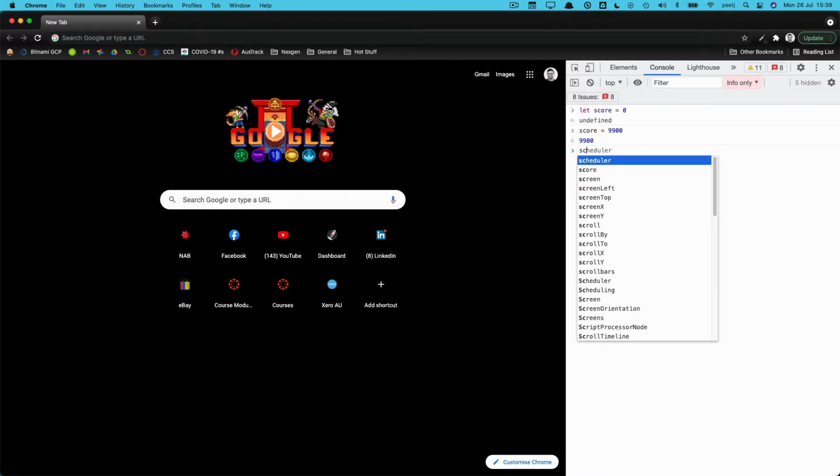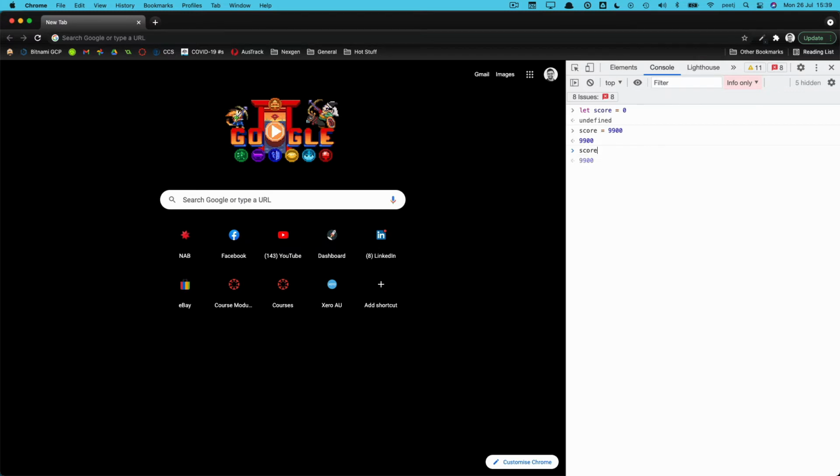The comparison would be score is greater than 10,000. So you're comparing the left side with the right side. Is score greater than 10,000? No, it currently isn't. Now, if it is, then you would run a piece of code that gave Pac-Man a new life. If it isn't, you would essentially do nothing.